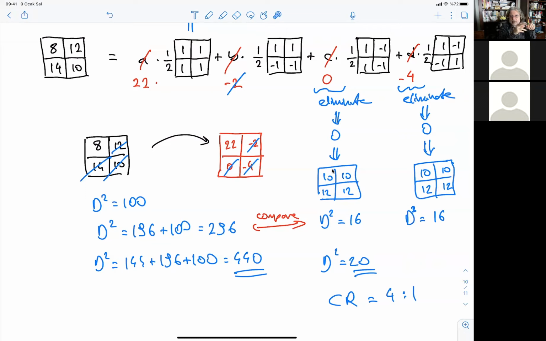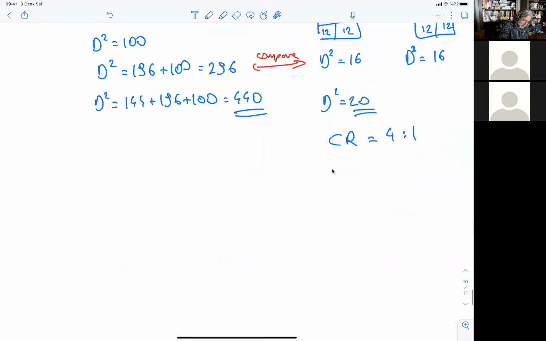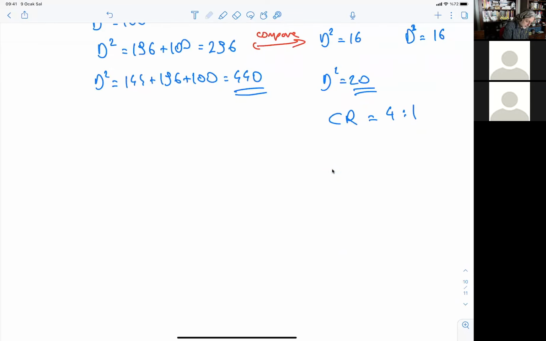This transform that you see, which produces these basis images, actually corresponds to the basis vectors in normal one-dimensional data, corresponding to a transform matrix, which is equal to this: 1 over square root of 2, [1, 1; 1, minus 1].